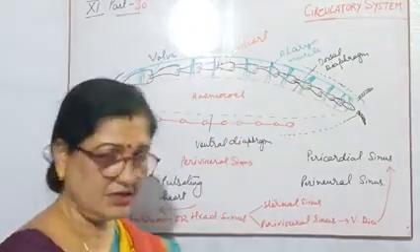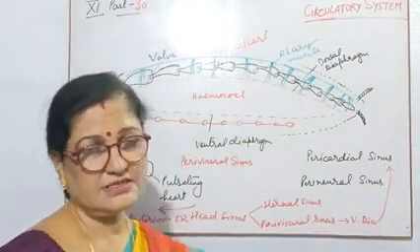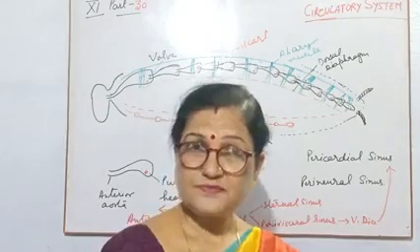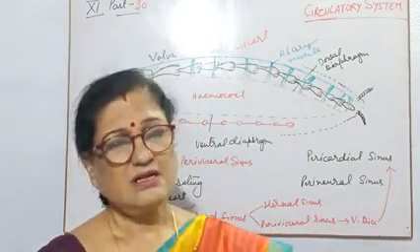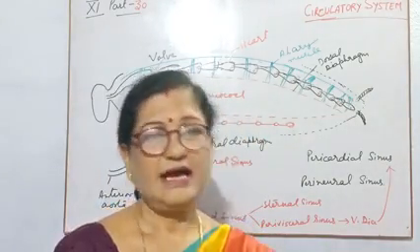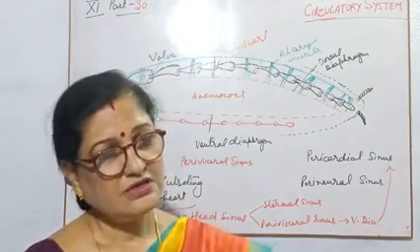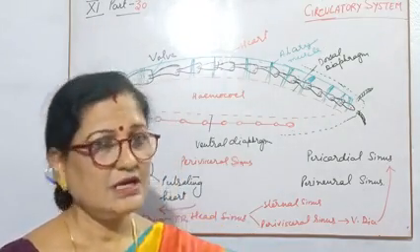From the hemocoel or perivisceral sinus, they can diffuse material to the organ, and from the organ there is no need of a vein, again they will come to the hemocoel.